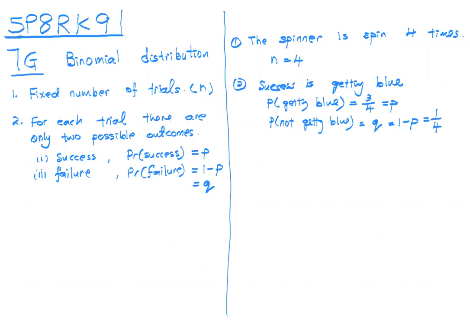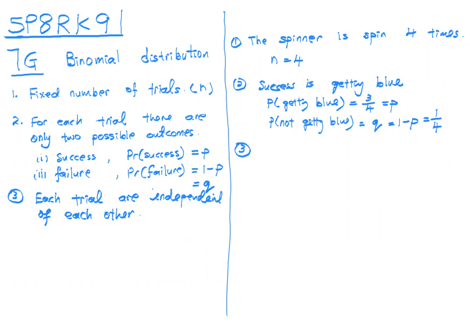Okay, so number 3. Now we have to define our variable. So whenever you talk, you must say that each trial is independent of each other. Okay. So in this case, will the first spin affect the second one?